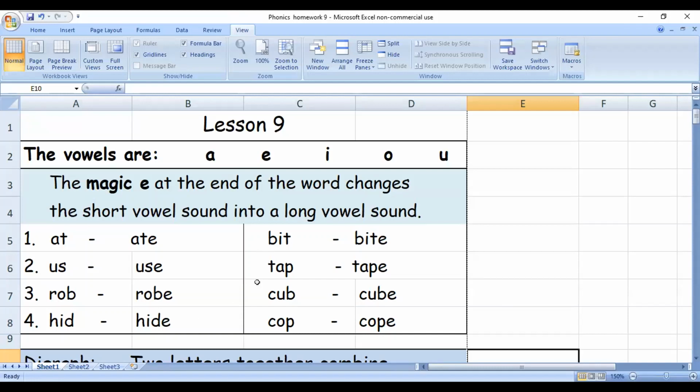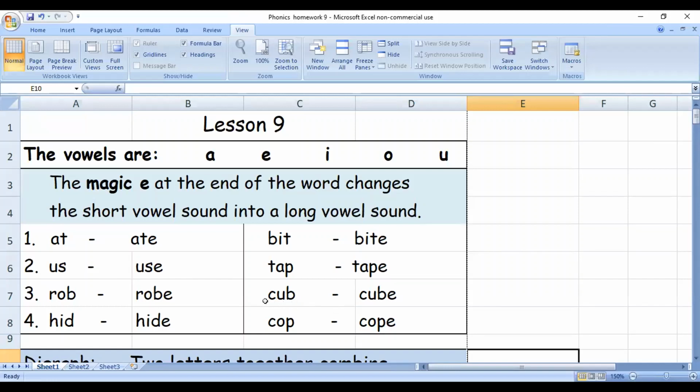I'll do the next four too, and then I will ask you. Bit: when I add the magic E, the I becomes long, the name of the letter. Tap: when I add the E at the end, the A becomes A, the long sound.